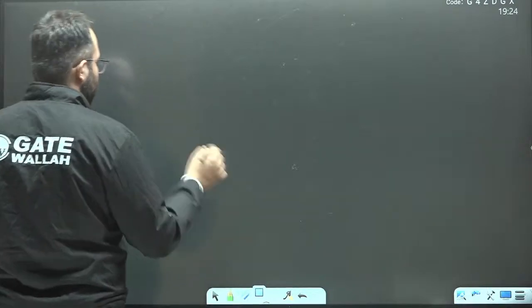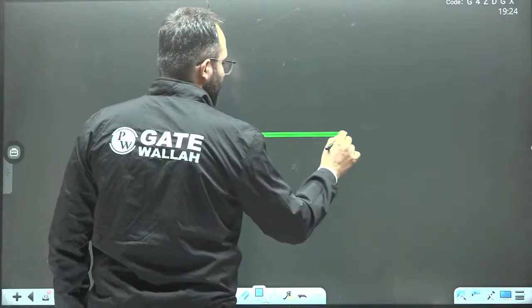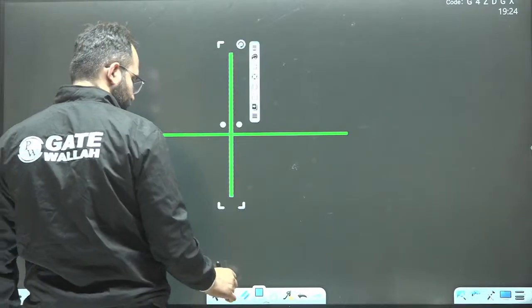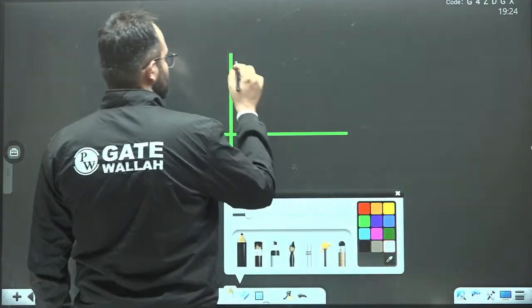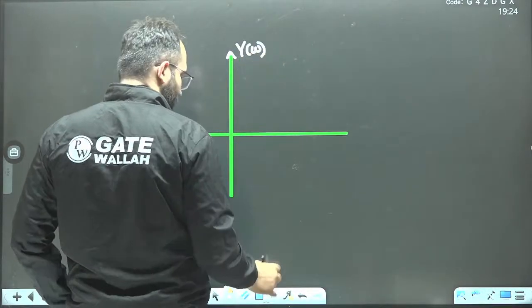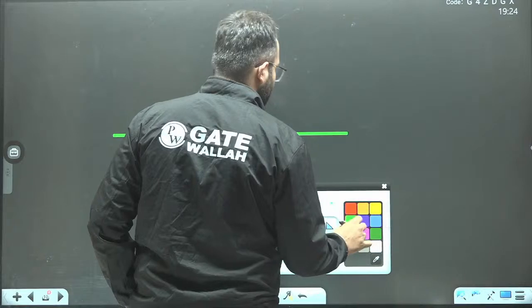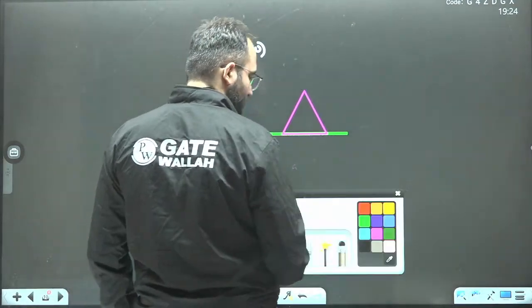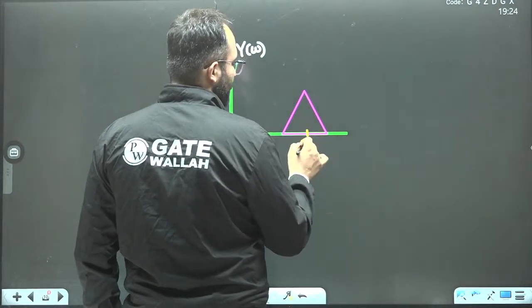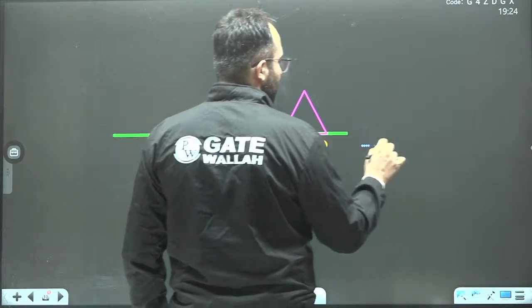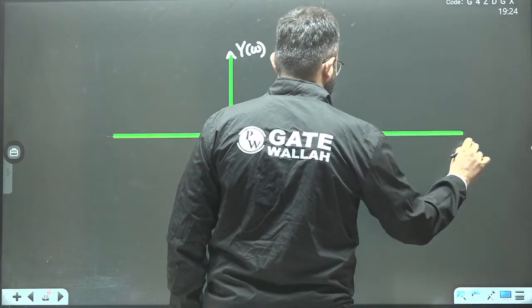So what will be the Fourier transform of Y(omega)? First of all, I'll draw only the right side. We'll have a triangle that will be at 1200. We take the axis as the f axis, the frequency axis.